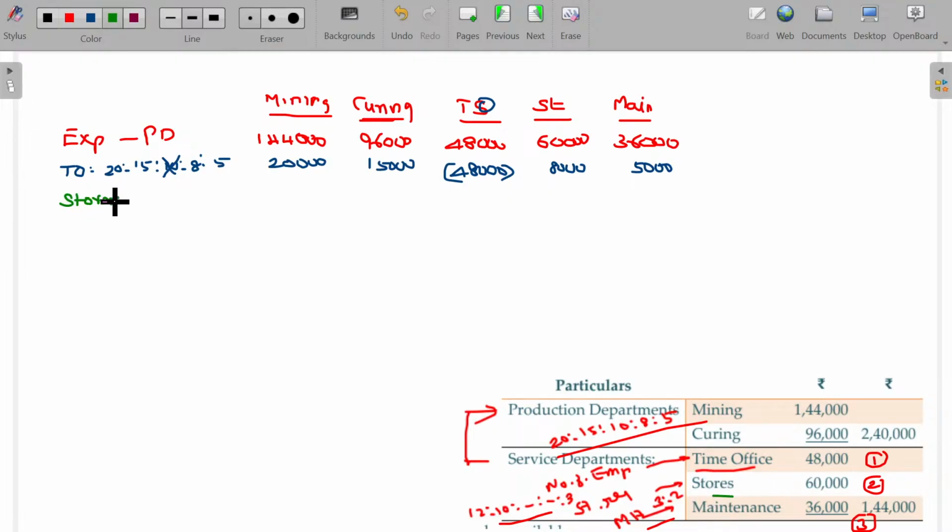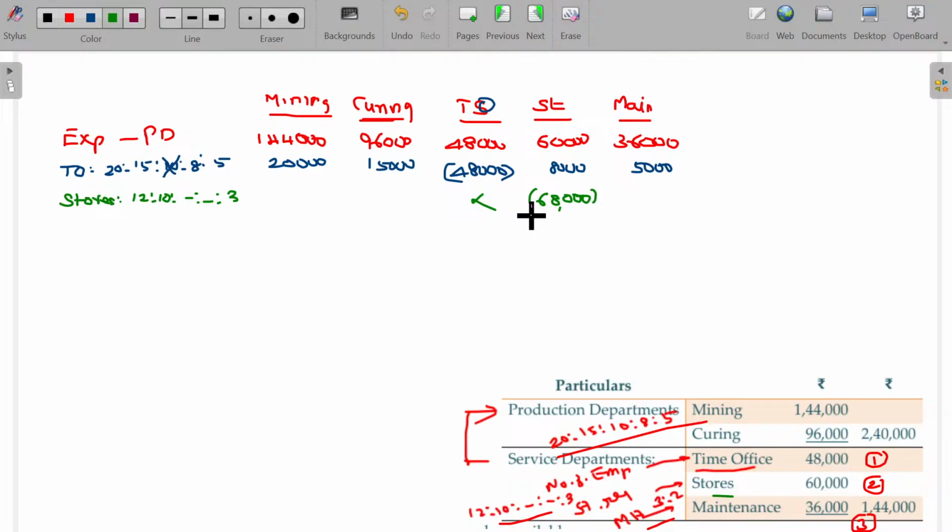In case of stores, the value is distributed in the ratio 12 is to 10 is to dash is to dash is to 3. Here this value for stores is 68,000. This will be distributed to all other remaining departments, but stores gets the service from time office, as we already know.